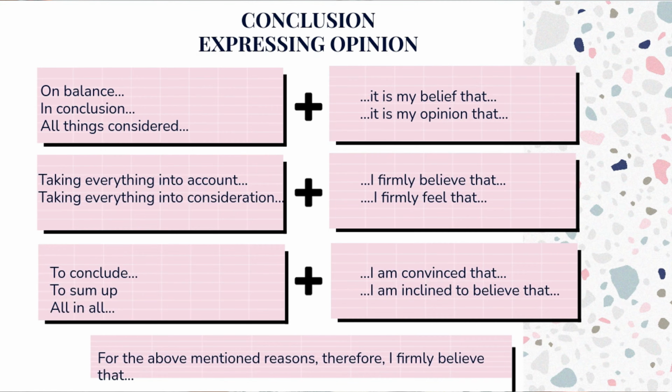Or perhaps in the second category, you could say, taking everything into account, I firmly believe that blah, blah, blah. Or maybe you could say, well, all in all, I am inclined to believe that, etc. Again, on the screen, you are able to see different possibilities and different options to be used in your final conclusion paragraph.